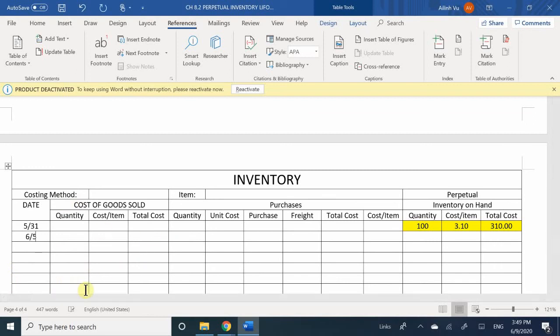Sorry, see, I'm already burning out. June 5th, quantity: we bought 800 units at $4, which should give us 3,200. We're going to add our 100 to get our total cost of 3,300. And each item should cost you how much?